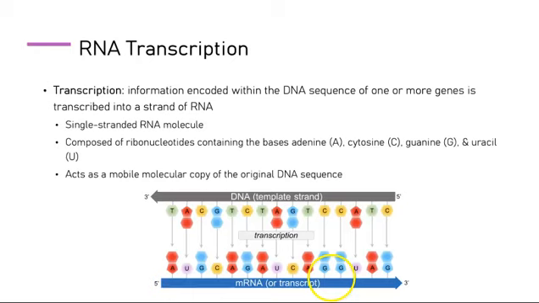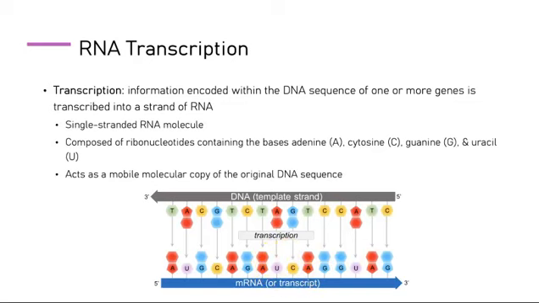And the other difference we'll see here is that with DNA, we're going to utilize the nucleotide thymine, but mRNA or RNA in general cannot use thymine. Instead, we are going to utilize uracil in place of thymine. So note, anytime we have adenine on the DNA template strand, we are going to pair that up with uracil.